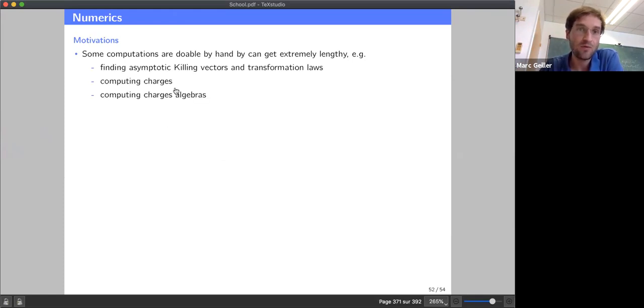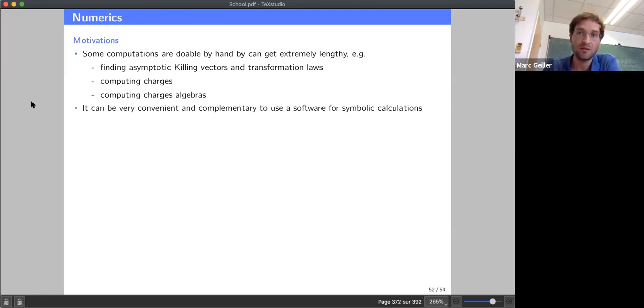Especially if you want to find the asymptotic Killing vectors, compute the charges, compute the algebra, it can be a bit complicated. So it's very convenient to check your calculations, and sometimes it's not just something in a paper which you want to check. Sometimes you want to actually discover things for yourself. You're looking for a family of metrics. You're looking for vector fields. You're looking for the right form of the charges.